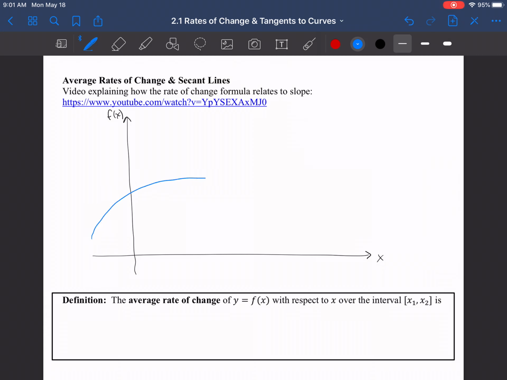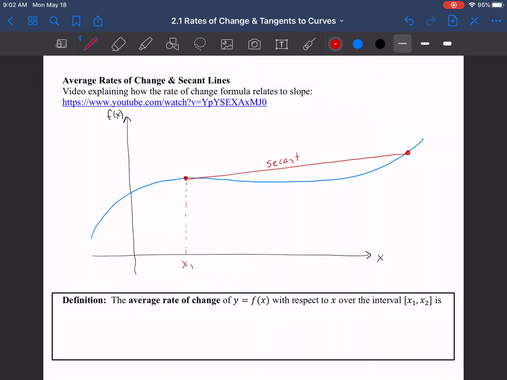We look at 2 points on this curve, right? And what we can do is draw in a secant line between those 2 points. Secant.